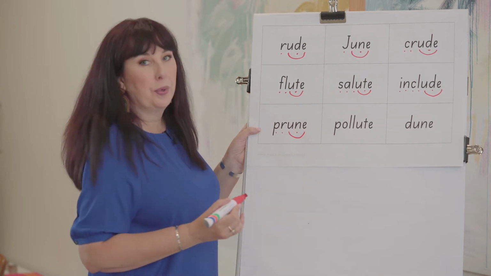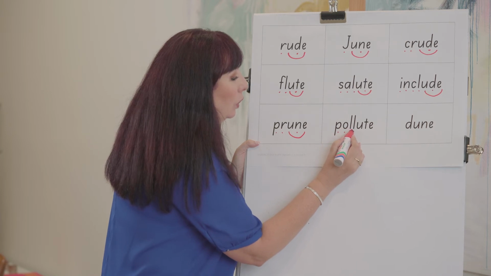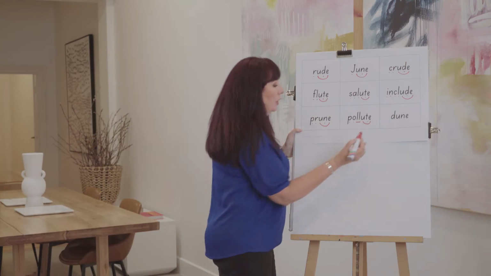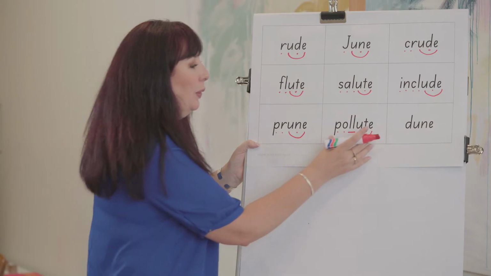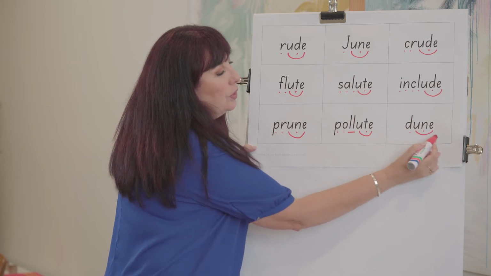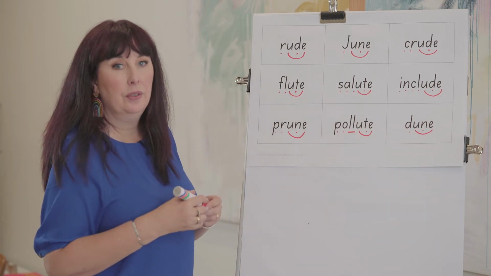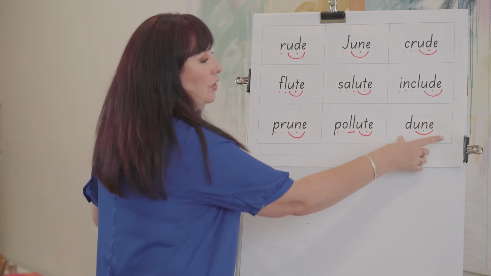Prune. Oot, pollute. That's a pretty grown-up word, isn't it? Pollute. Dune, sand dune. Good job. Prune, pollute, dune.